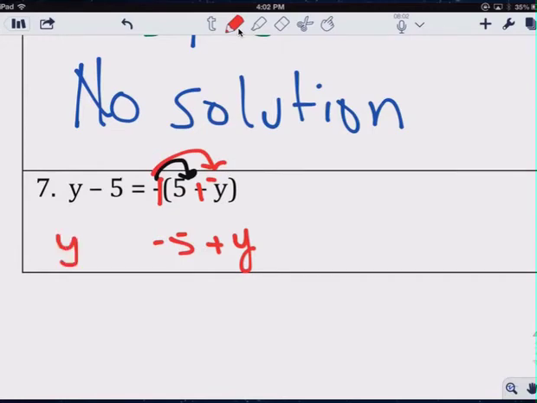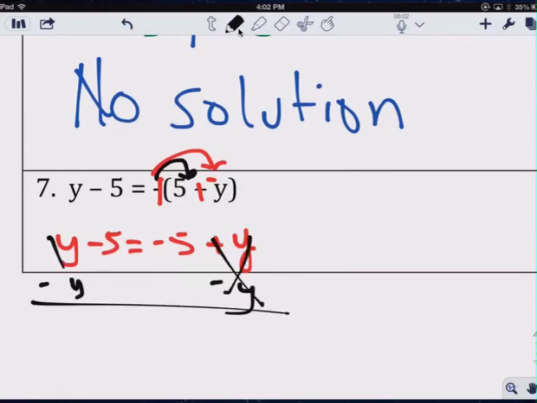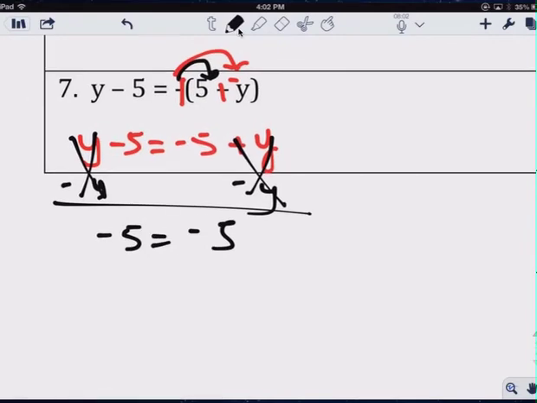Y minus 5 equals. Let's get rid of the y. Minus y, minus y. That's a 0. That's also a 0. 0 minus 5 is negative 5, and negative 5 plus 0 is negative 5. This is infinitely many solution. Infinite solution.